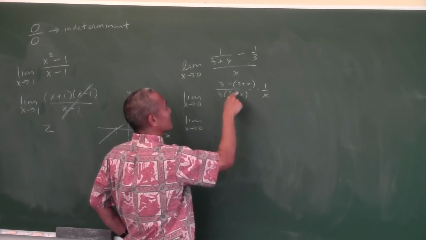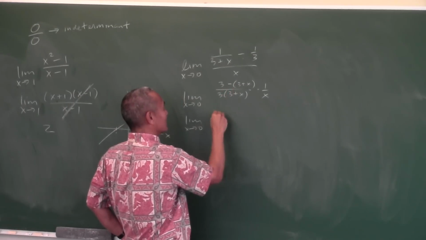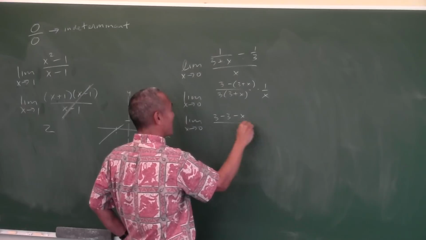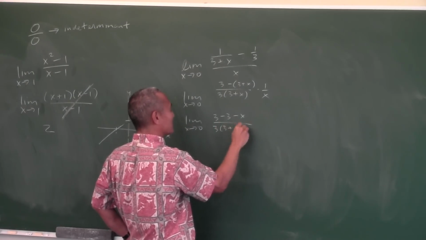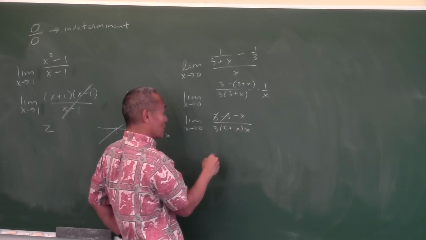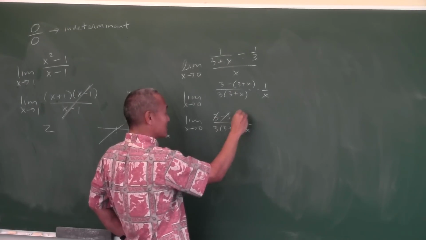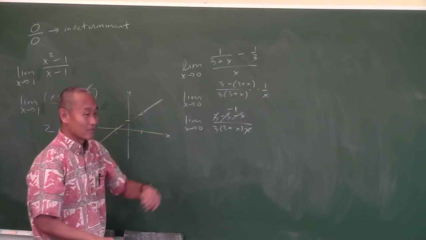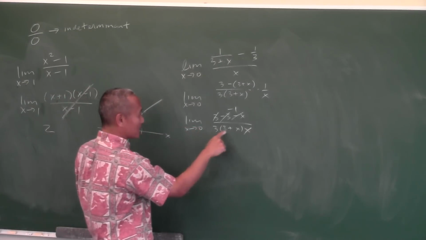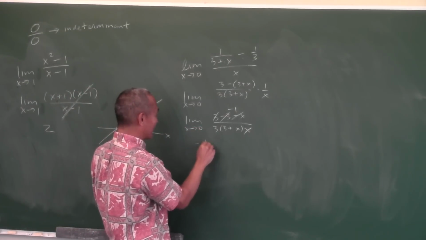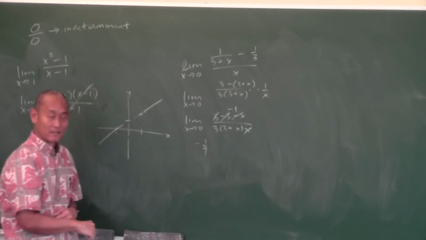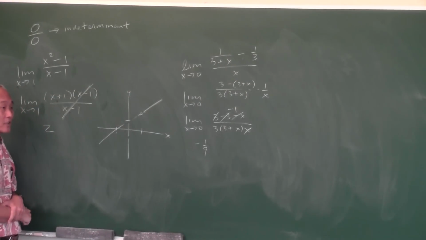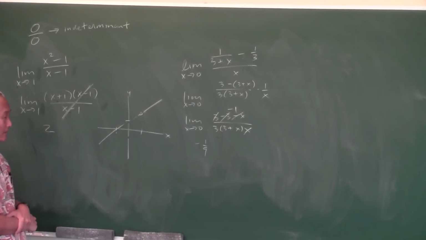What happens when I distribute that negative sign? 0 minus x, all over 3 times 3 plus x times x. Hey, the x cancels that x, so all you're left with is negative 1 on the top. Now can I plug in 0 for x? Yeah, what happens when I plug in 0 for x now? You get negative 1 ninth. So the first thing you try to do is simplify.